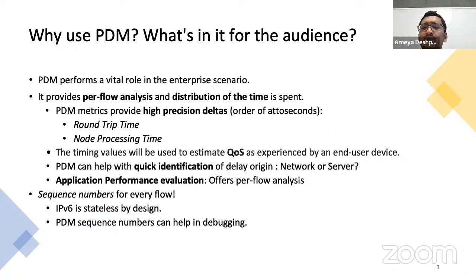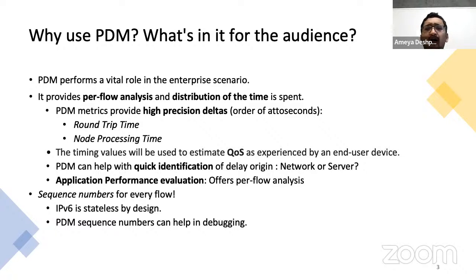PDM provides you high precision deltas of the order of attoseconds. So you'll have the entire RTT time, and then you'll have the specific node processing time. This can help you easily figure out whether the delay is in the network or whether it's in the server.